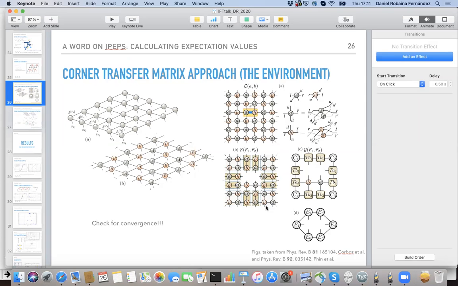But these are all techniques that are very well known, nothing new. People have been using this type of technique for studying 2D condensed matter systems for years. Well, maybe not for a long time, but there are some experts that have been using iPEPS and have developed all these ideas.